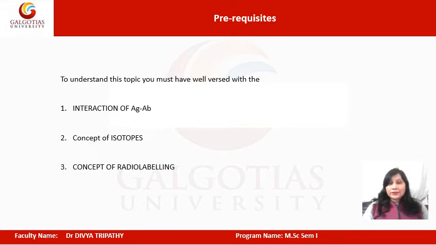You must know how the antibody reacts with antigen to form precipitin bands, and what the quantity of antigen and antibody should be to form visible precipitation.